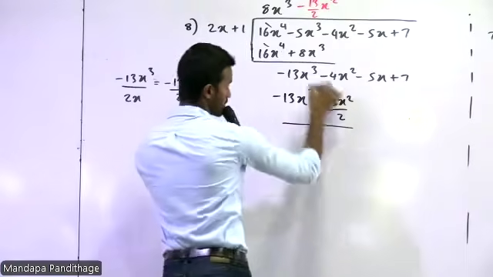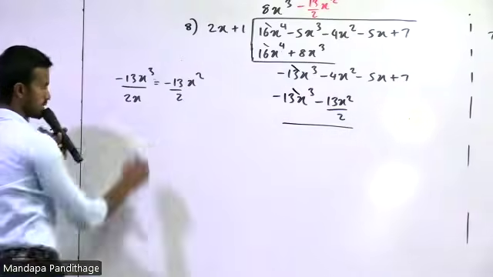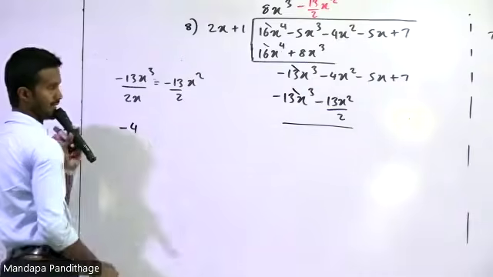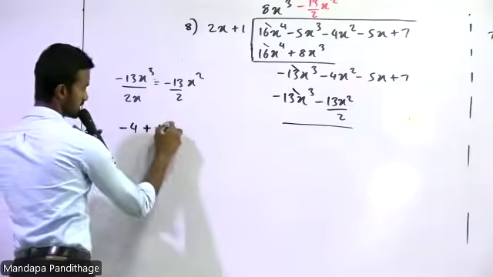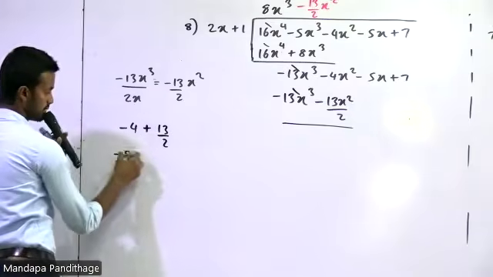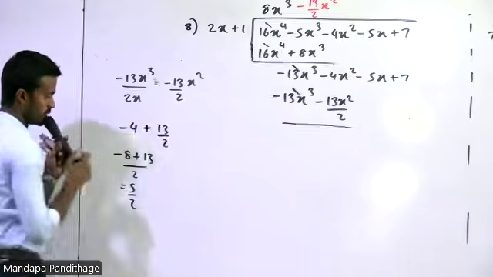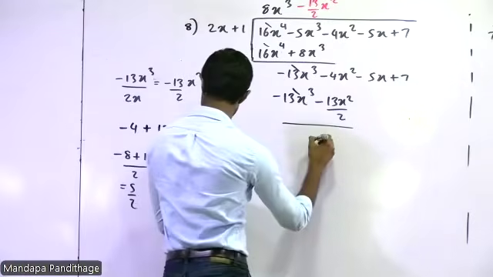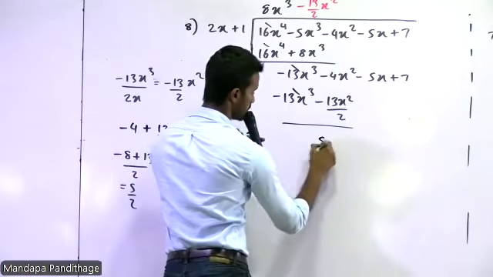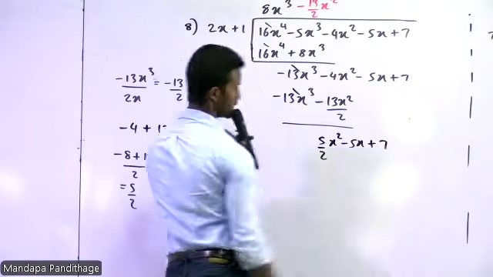Okay, now subtract. I cancel off this. Now these two, I told you, once you get fractional coefficients, you will be repeatedly getting them. Minus 4 minus minus is plus 13 over 2. So minus 8 plus 13 gives you 5 over 2. Which means when you subtract, it's 5 over 2 x squared minus 5x plus 7.